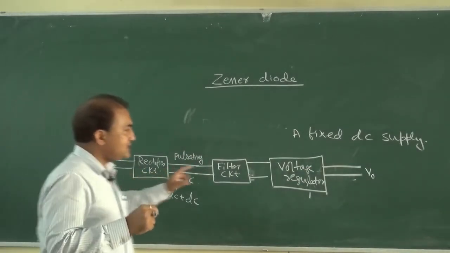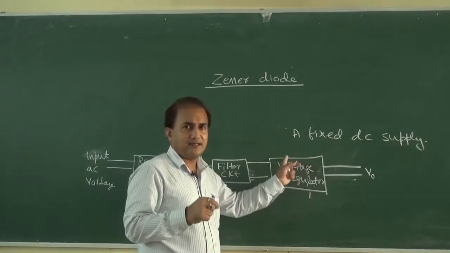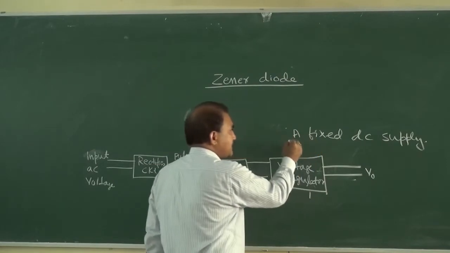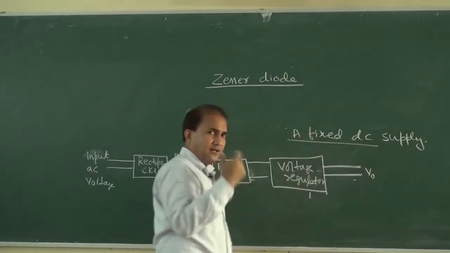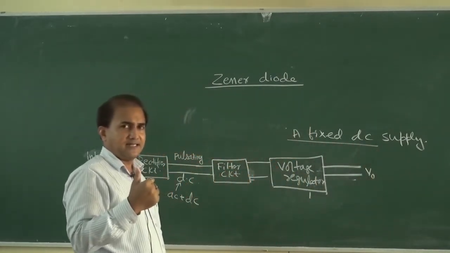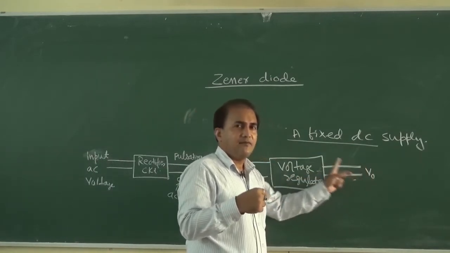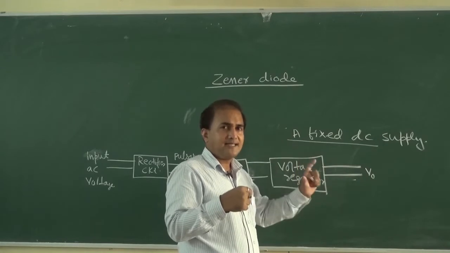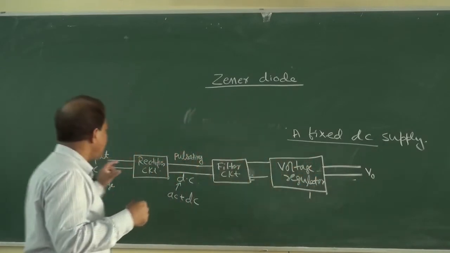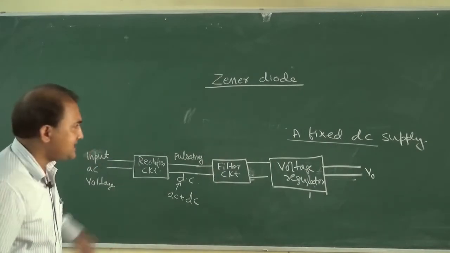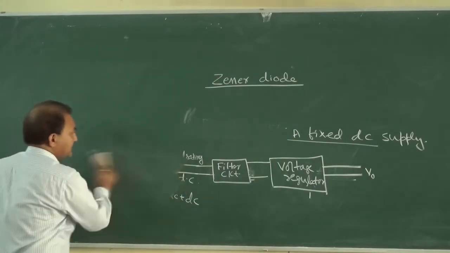So this is the use of voltage regulator. Nowadays this fixed DC supply is generally used in many applications, meaning this V naught should not change with the variation in load resistor and with the variation in AC input voltage. So we will study about voltage regulation in this class.